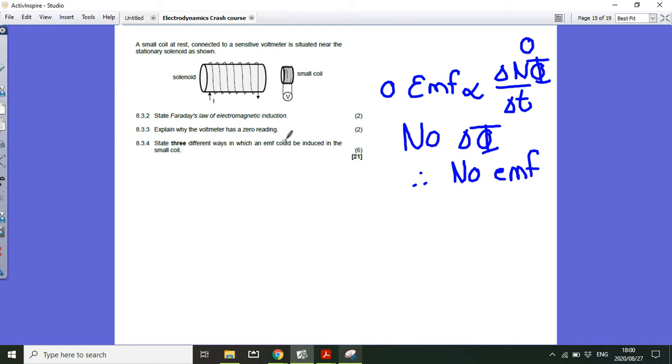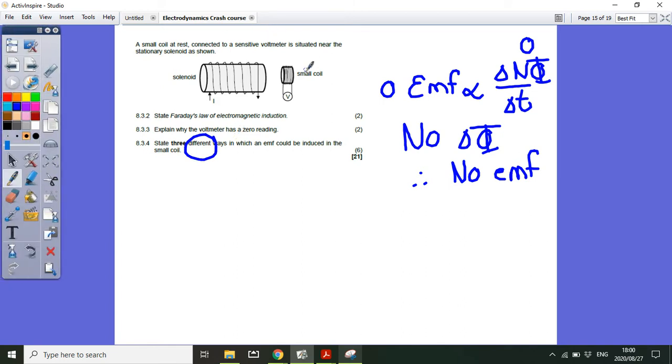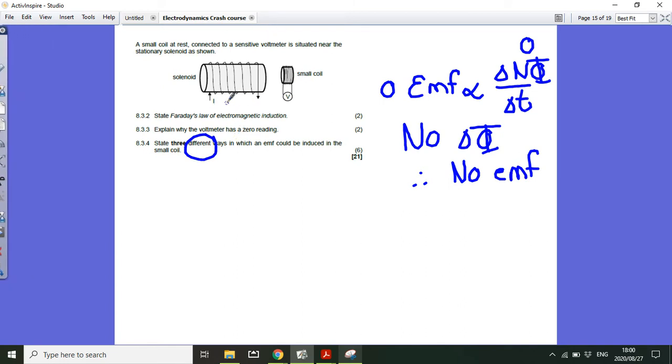And then the last question states 3 different ways in which an EMF now could be induced. You need to think about different ways. Movement is one way. Now remember, there's already a current in this solenoid, so you can't say add a current, because there is a current flowing there. You need to say how you can get an EMF here.